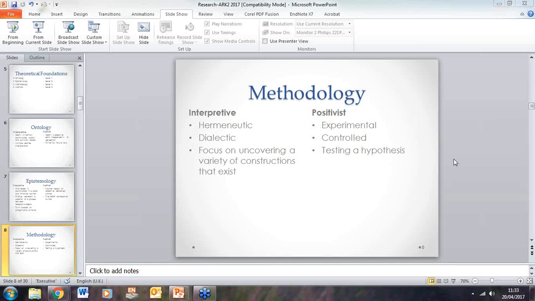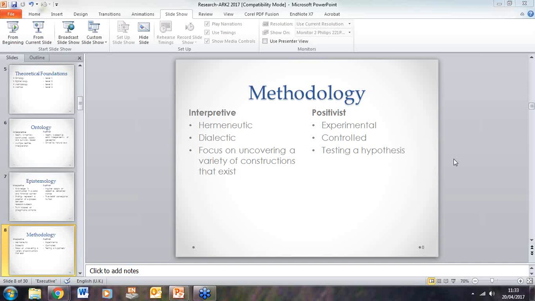So when we're talking about our methodology, from the interpretive side, we might be looking at it from a hermeneutic perspective. That looks at the written word and how we interpret the written word. So using the example I gave about asking one question and having "I feel fine" written, if you were looking at it from a hermeneutic perspective, you would be putting a reflective diary or some field notes with that piece of written work.